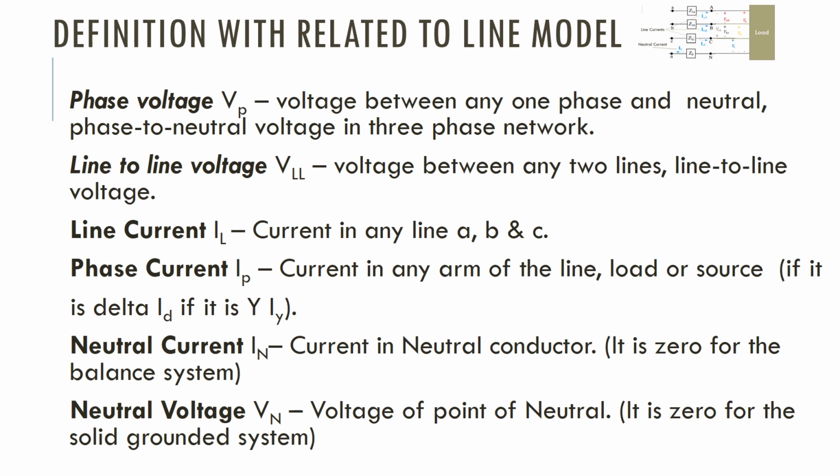Then next is neutral current, the current in the neutral conductor. It is 0 for a balanced system. If it is an unbalanced system, definitely neutral current would be there. Then neutral voltage is the voltage of the neutral point. It is 0 for a solidly grounded system.